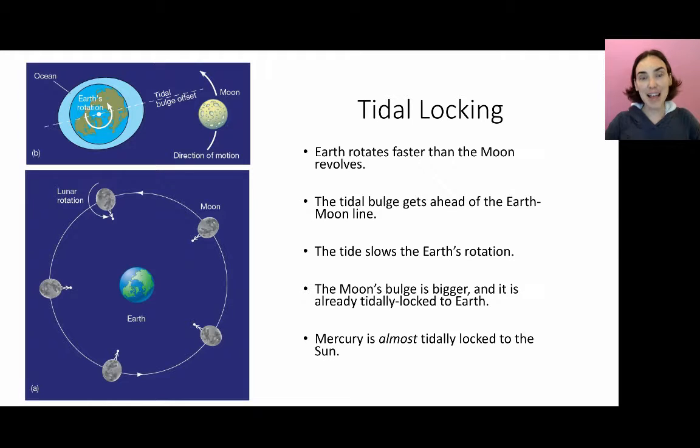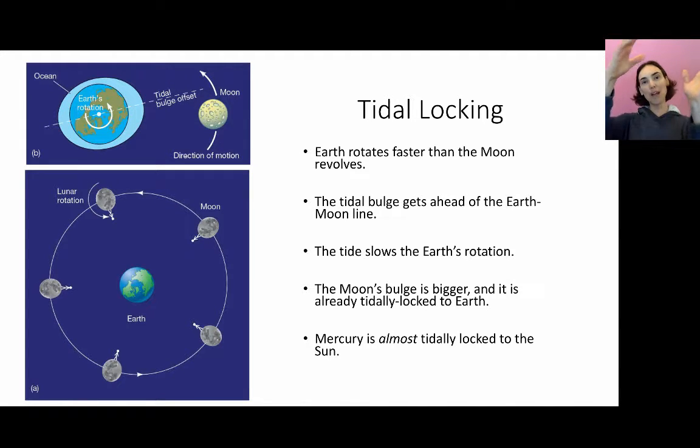Tidal locking happens because the Earth rotates much faster than the moon revolves around the Earth. Because of this, it takes some time for the big bulge of water to reorient toward the moon. The moon is actually dragging the bulge back from its position, so the bulge precedes the direction of motion of the moon by a little bit.